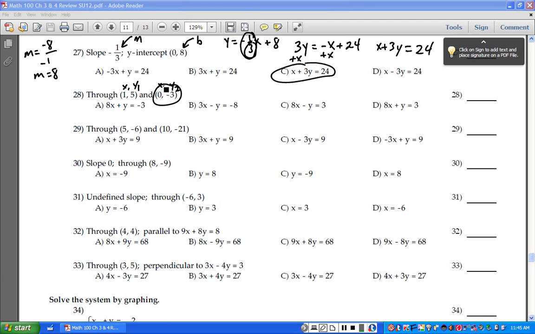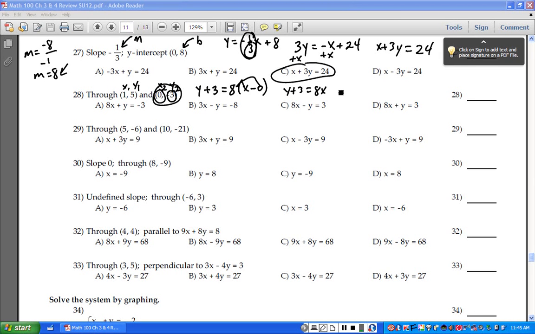And I'm going to use this as my point. So y minus y1, using that number right there, equals m times x minus x1. Alright, so I get y plus 3 equals 8x. Alright, because 8 times x is 8x, 8 times 0 is 0.